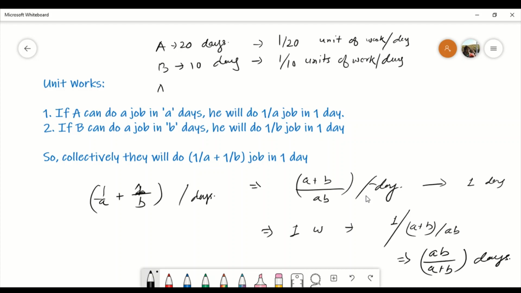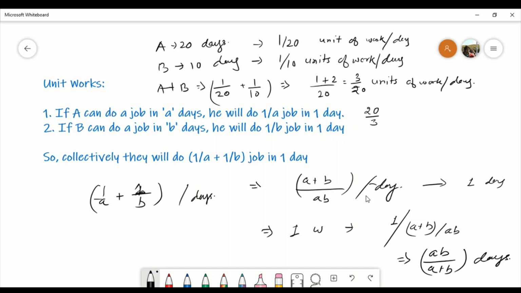So in one day, A plus B can both do 1 upon 20 plus 1 upon 10 units of work, right? Which is 1 plus 2, which is 3 upon 20 units of work per day, right? So in how many days they will complete 1 unit of work? That is 20 upon 3 days. So this will be the answer for that question, right?